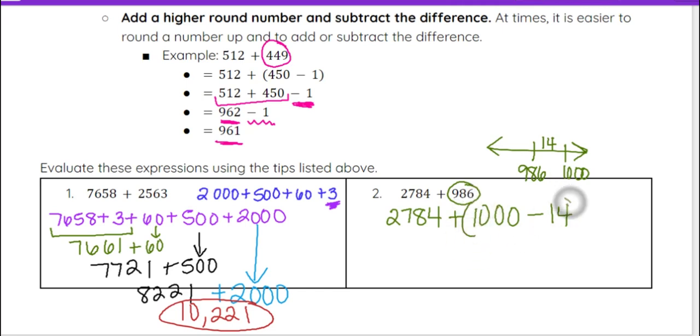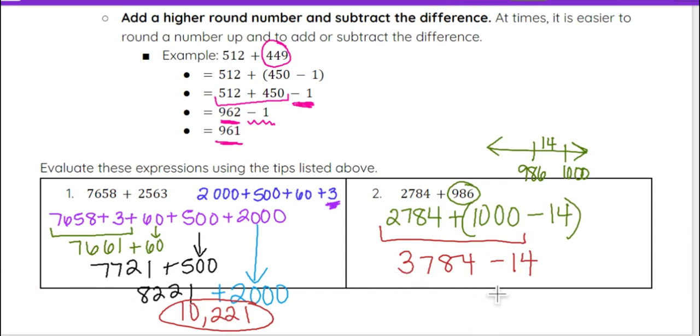So it's really like 1,000 minus 14 is 986, but I am going to go ahead and actually add the 2784 in the 1,000 first. And when I do that, I get 3,784, but then I have to subtract 14 so that I can account for the extra 14 I added in when I added 1,000.